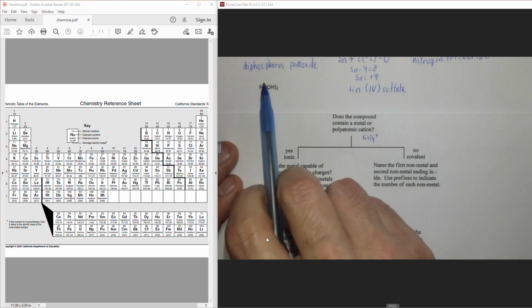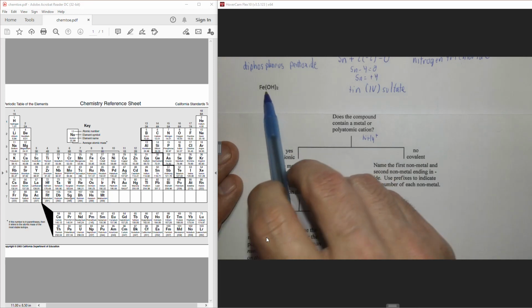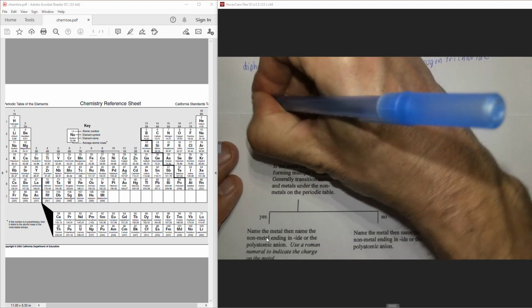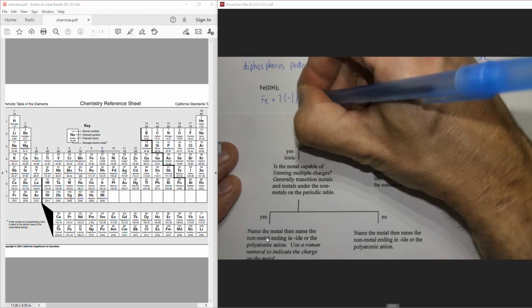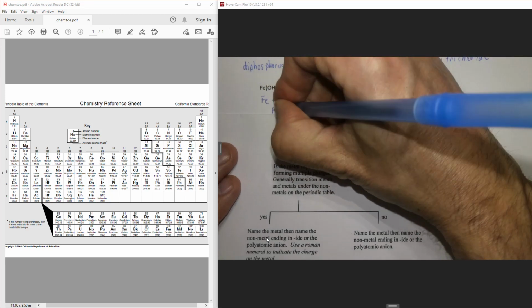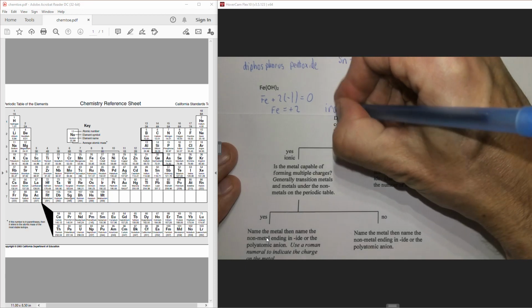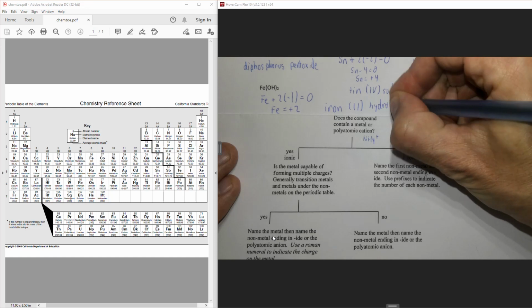All right, so that's basically how this is going to go. So we need to find the charge on iron. We need to remember, and it's in the previous question, that hydroxide is -1. So we have Fe, that's what we're looking for, plus 2 times -1 equals 0. And when you do that, you find that Fe equals plus 2. This should be called iron, Roman numeral 2, hydroxide.